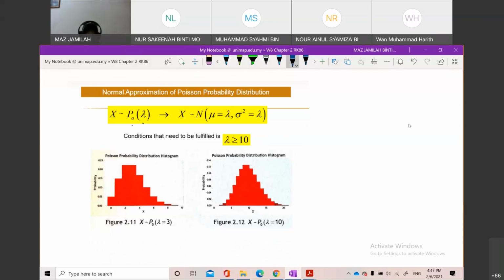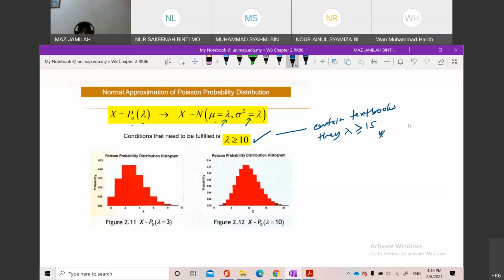When we approximate using normal, the mean takes the value of lambda, and the variance also takes the value of lambda. As simple as that. The approximation can be done if lambda is greater than or equal to 10. Certain textbooks use lambda greater than or equal to 15.